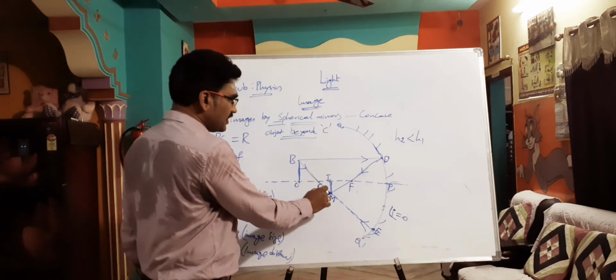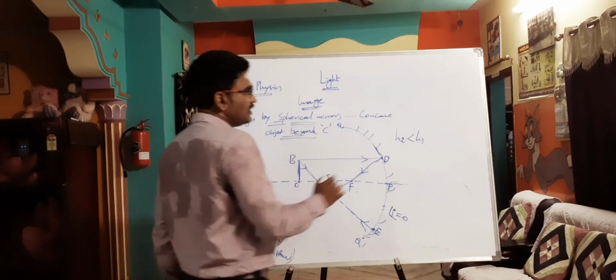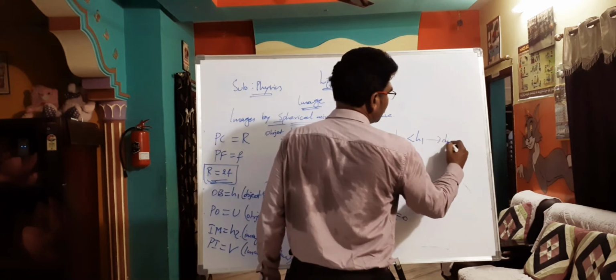When the image size is less than the object size, we can say it is diminished.